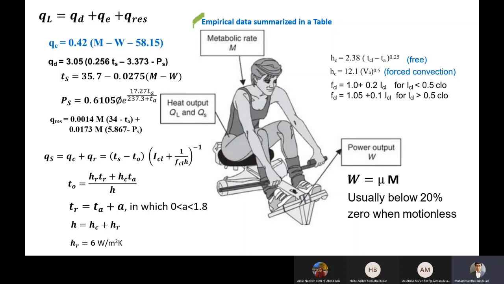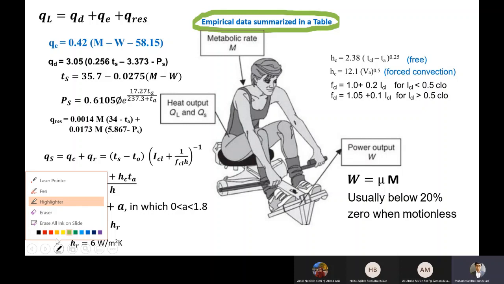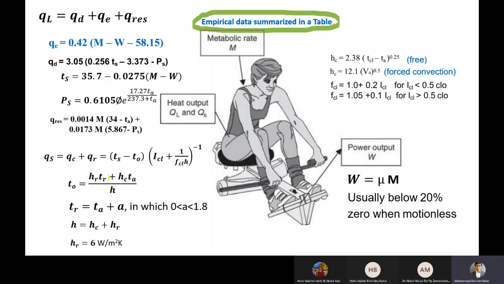So I make a summary here. We get empirical data from a table to estimate the rate of metabolism. Then we use this estimate to get the energy for doing mechanical work, from 0 to about 20% of the metabolism.